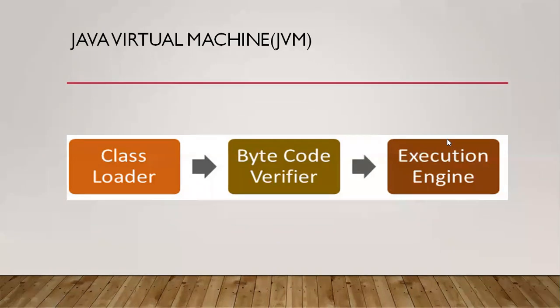The first one is an interpreter, the second one is a compiler. That compiler is also called the just-in-time compiler.